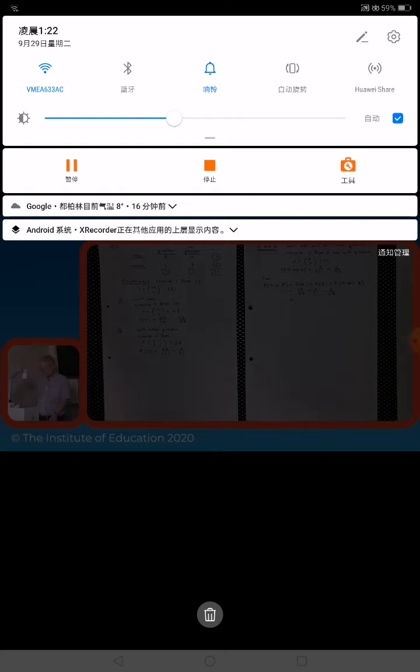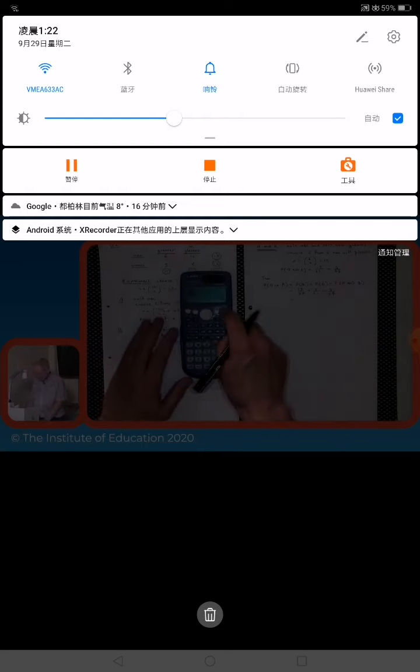So we just get our calculator and we work that out. We add up those 3 fractions: 15 over 77 plus 5 over 21, minus 5 over 77.